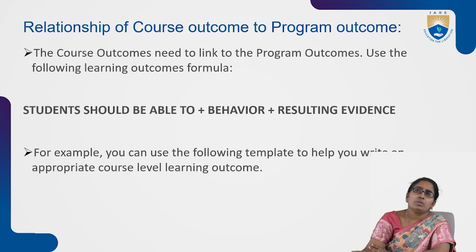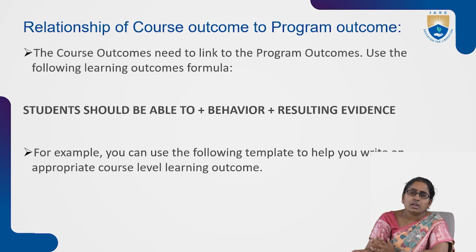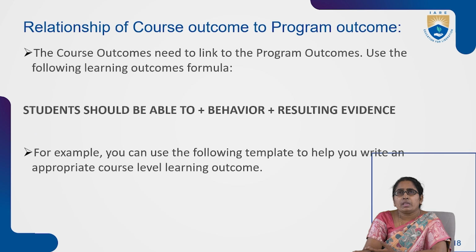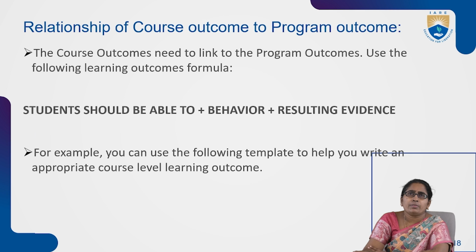This is the formula. Students should be able to do something, and that is a behavior, and resulting evidence means how they can do that.